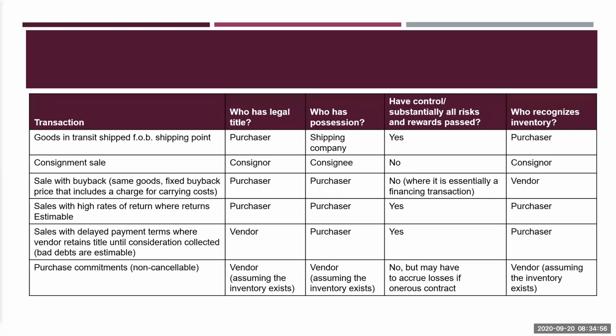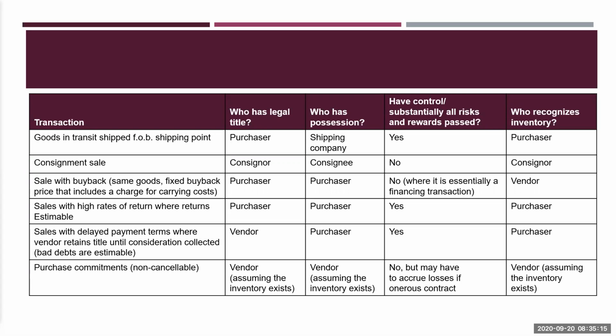With regards to the consignment sale, the legal title always belongs to the consignor, although the possession of the goods is with the consignee. So there is no transfer of risk or rewards. The consignor is the party that will always record these inventory items on their books.